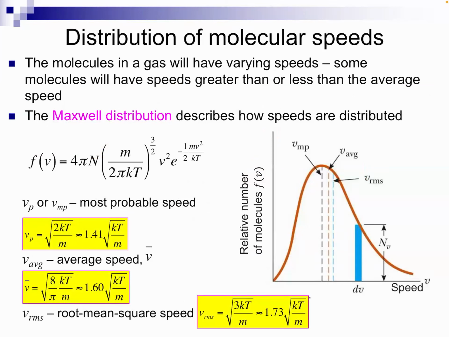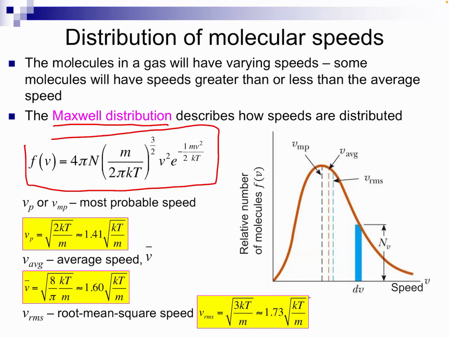So the Maxwell distribution, given by this equation here, we don't have to derive, nor do we need to think about this equation so much. It's just an equation where f of v is the relative number of molecules, on the y-axis here.